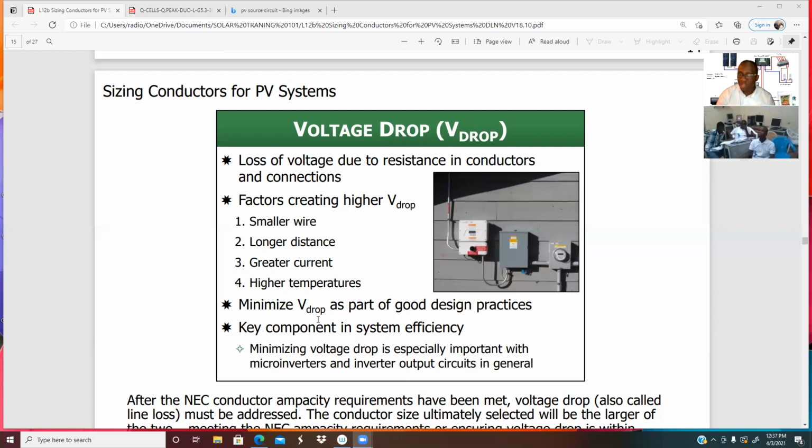So these are factors that cause loss of voltage and voltage drop. Minimizing voltage drop is part of good design practice and a key component in system efficiency. Minimizing voltage drop is especially important with microinverter and inverter output circuits in general.